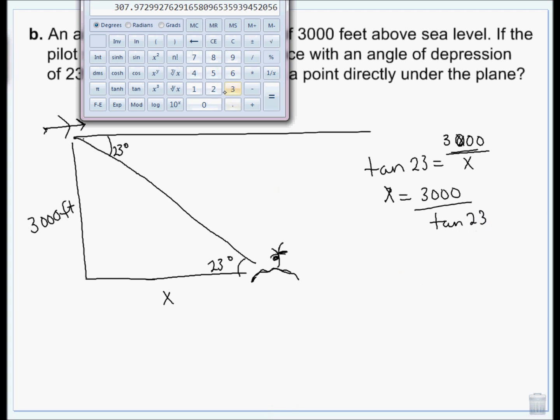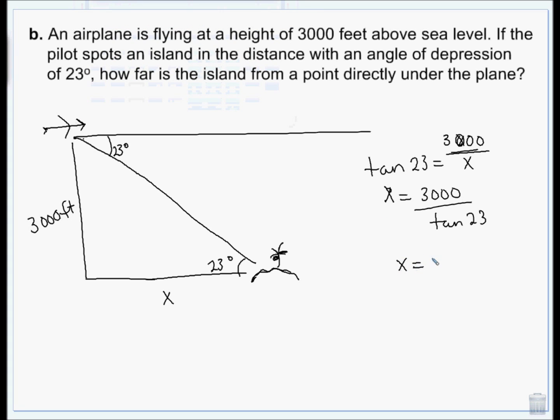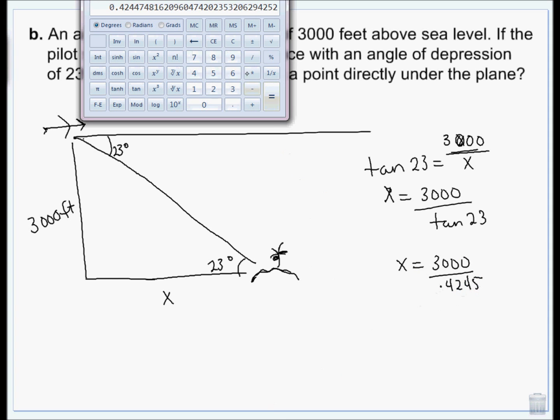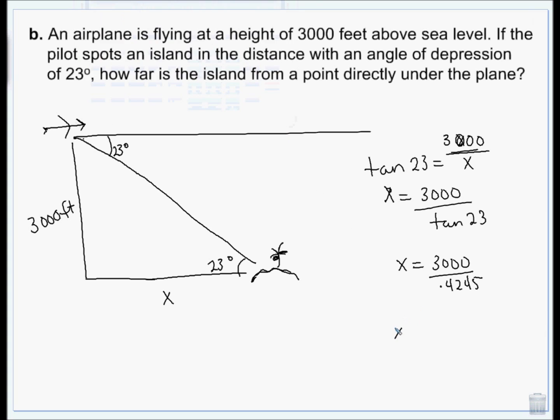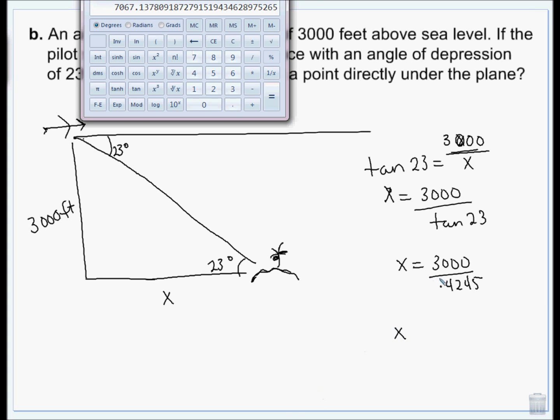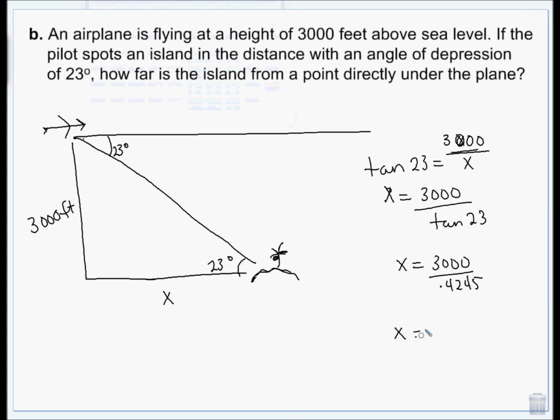The tangent of 23 is approximately 0.4245. We'll divide 3,000 by 0.4245, and we get that the island is approximately 7,067 feet away.